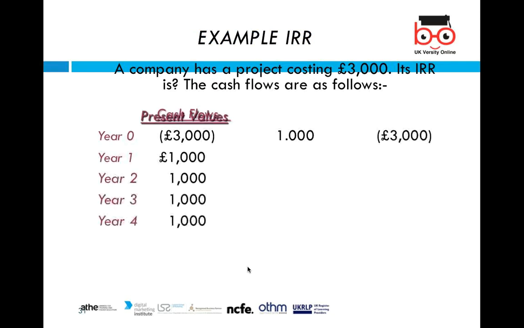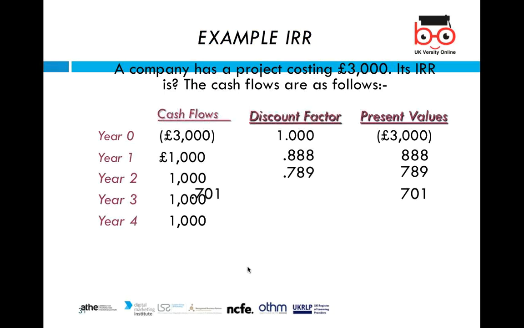So a company has a project costing £2,000. What should be the IRR, given the cash flow? These are the cash flows, and the total is 3,000, so the discount factor for the first year is 3,000, for the second year is 0.88, and the third year is 0.788.